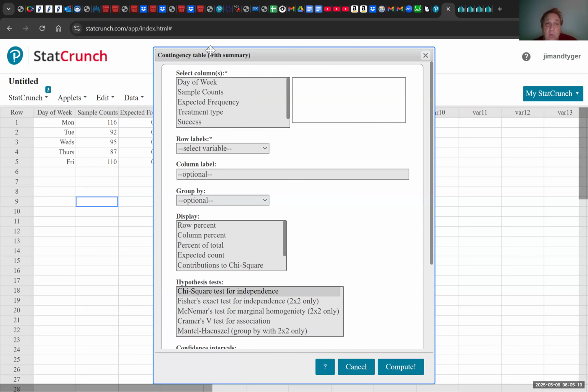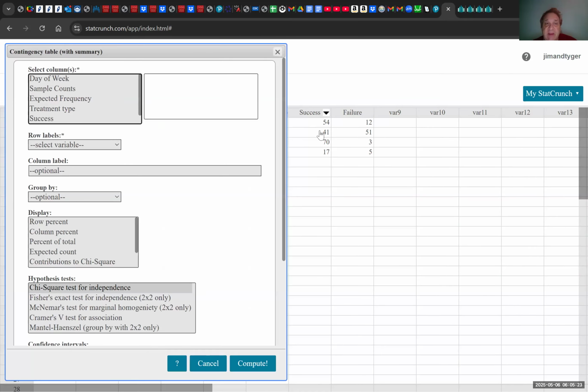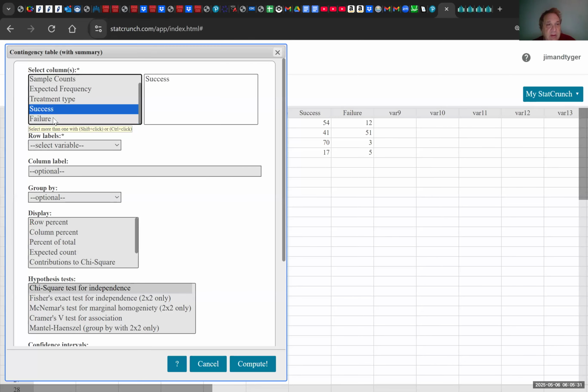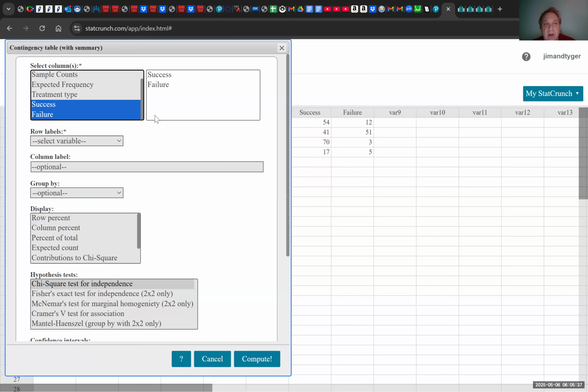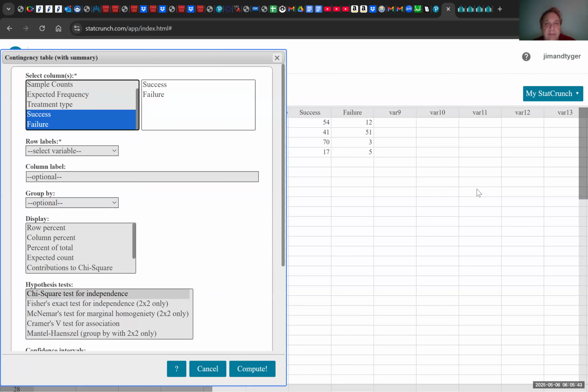And we have success and failure, so I have to go down to success and failure. Those are my two. I have to hold down the control key for it to work. There we go. Success and failure are the two different columns. And the row labels are in what's called treatment type.